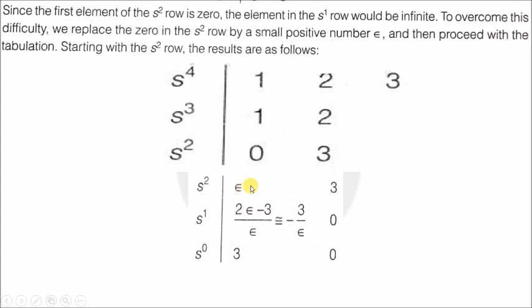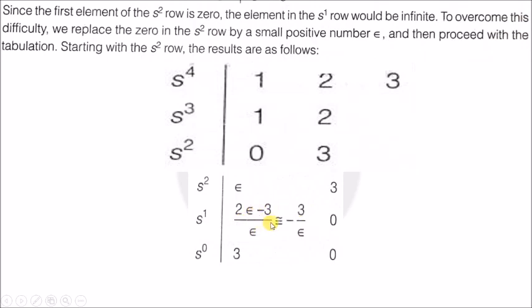Then we proceed: epsilon into 2, that is 2 epsilon, minus 3. It is given here, 2 epsilon minus 3 divided by epsilon. Instead of 0 we write epsilon, which indicates 2 epsilon minus 3 by epsilon is actually minus 3 by epsilon, if you consider. Let's see after finding the RS table.